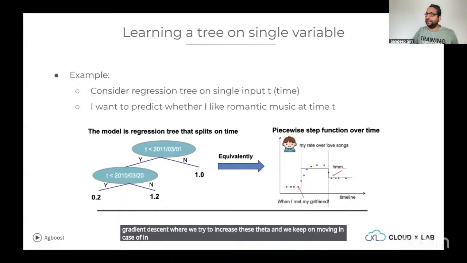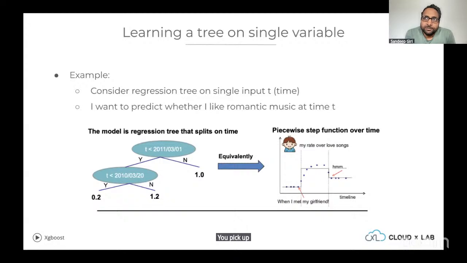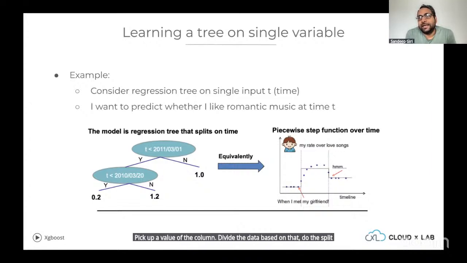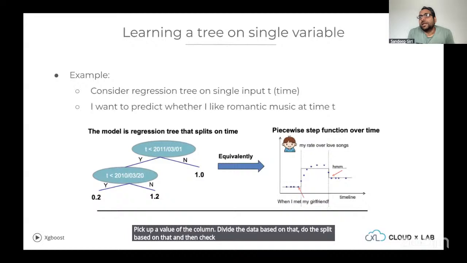In the case of a tree, there is no straight method. The method is you pick a column, pick a value of the column, divide the data based on that, do the split, and then check whether we did a good job or a bad job.